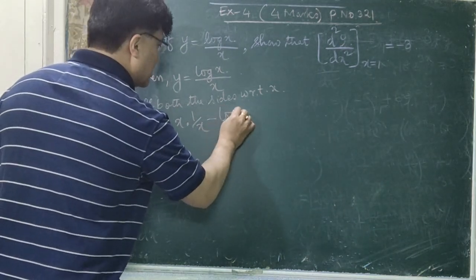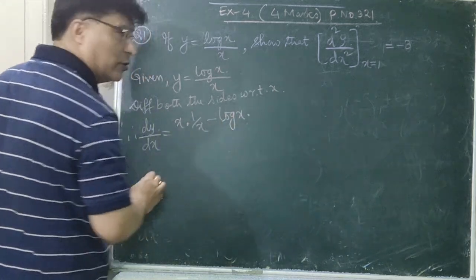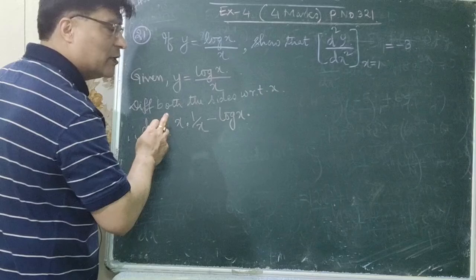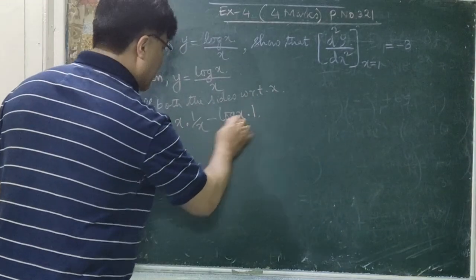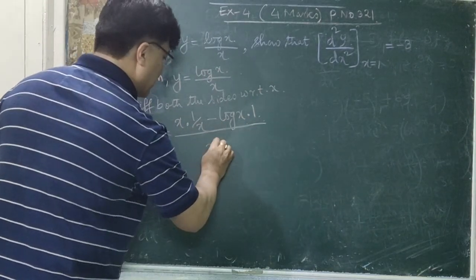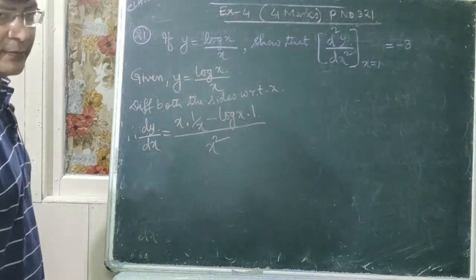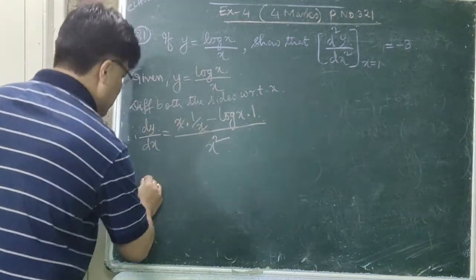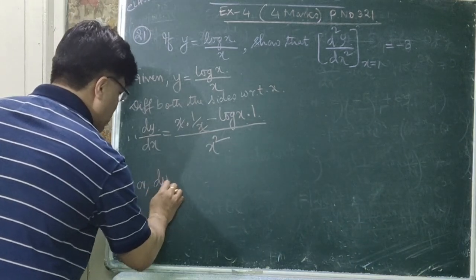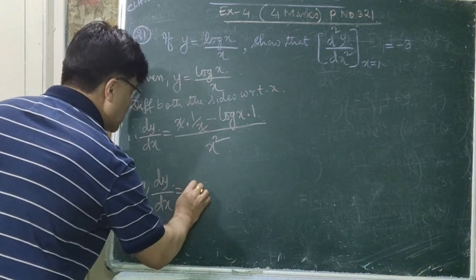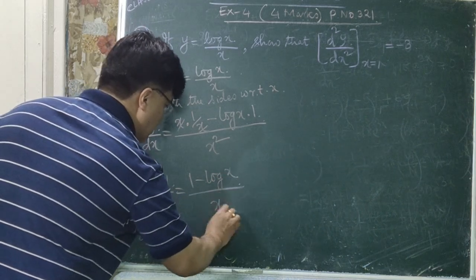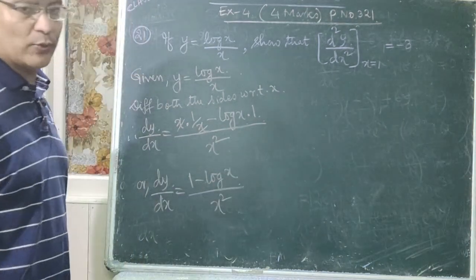Minus the numerator as it is, into the differentiation of the denominator, that is, the differentiation of x with respect to x is 1, this whole divided by x square. Is that clear? So here x gets cancelled, and dy by dx is equal to 1 minus log x, this whole divided by x square.